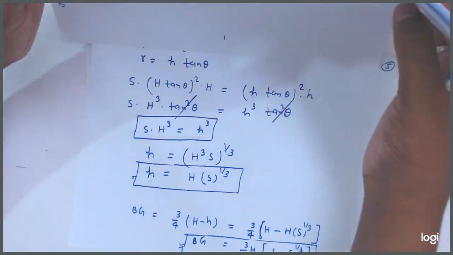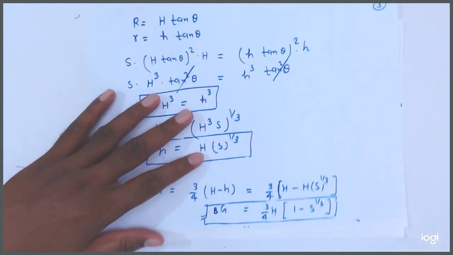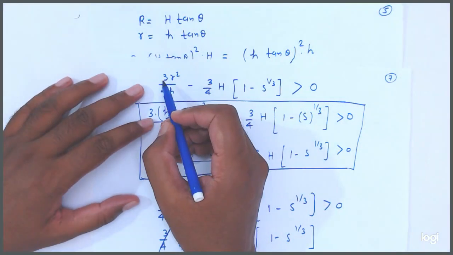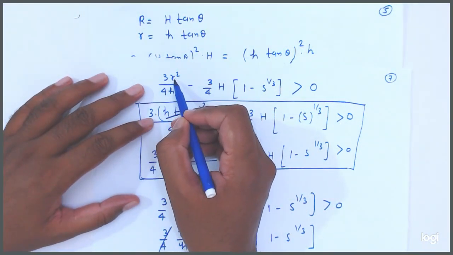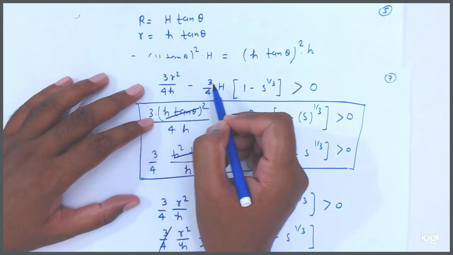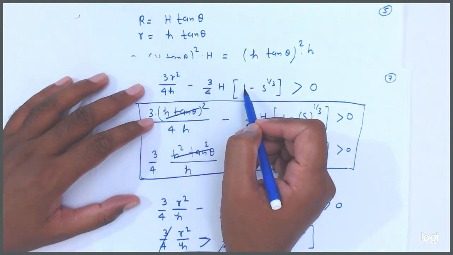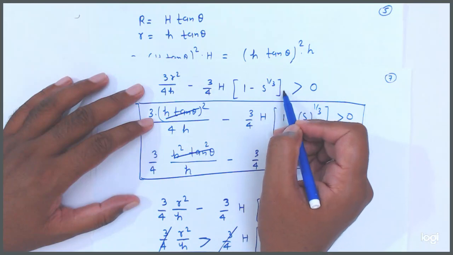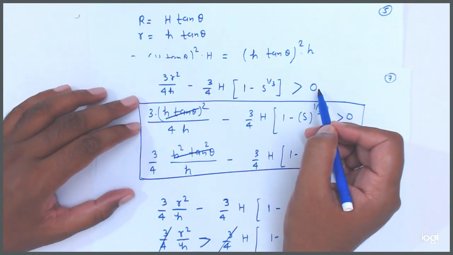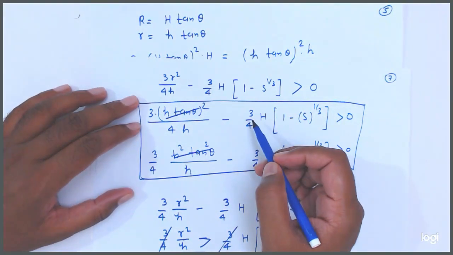So we put it here, and what we get, friends, is 3 into small r square upon 4 into h minus 3 by 4 capital H, 1 minus h to the power 1 by 3, it should be greater than 0. So this is the condition.